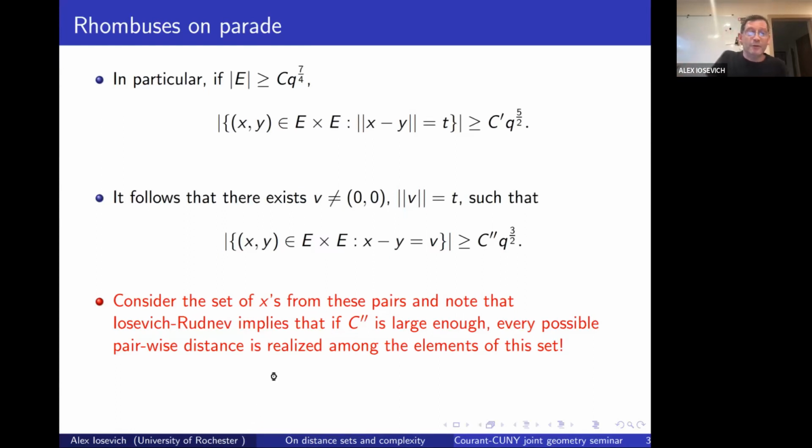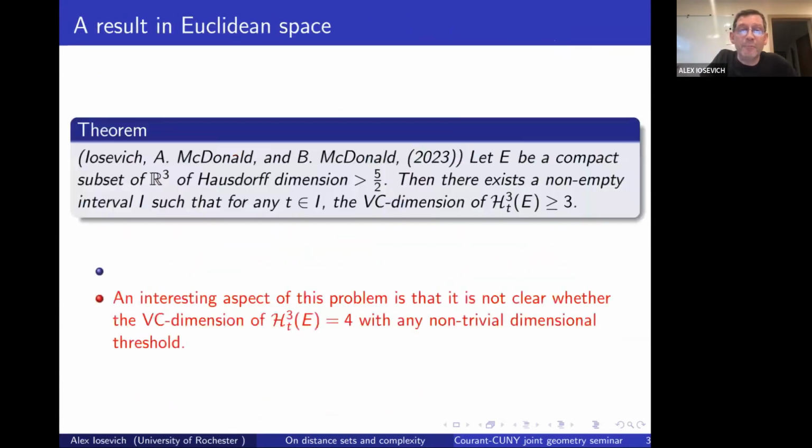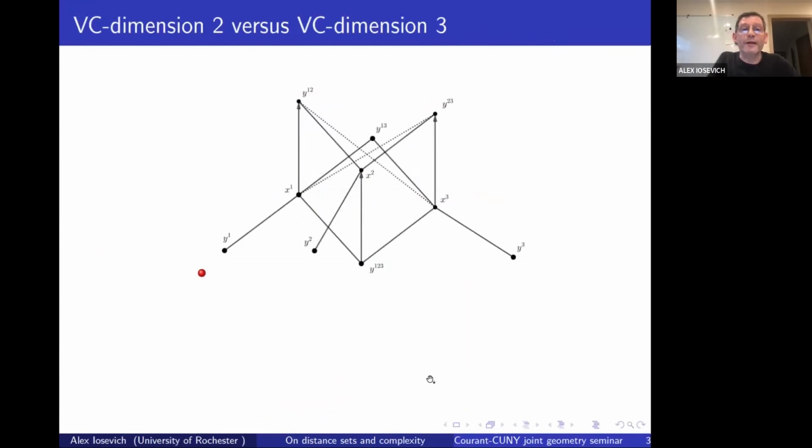This produces a rhombus of side length t, but moreover, if one does this analysis carefully, it produces many rhombi of size t. To take you back to the picture over here, notice that rhombi, it's a Latin word, so it's rhombi, are at the heart of this picture, because you have a series of 3 overlapping rhombi.